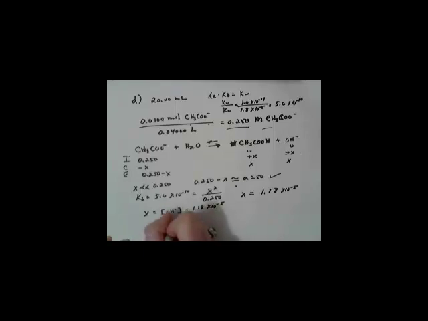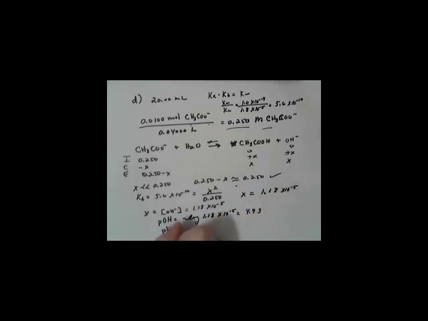So I can determine my pOH, which is just going to be the negative log of 1.18 times 10 to the negative 5. And let's see what that gives me. That gives me a pOH of 4.93.